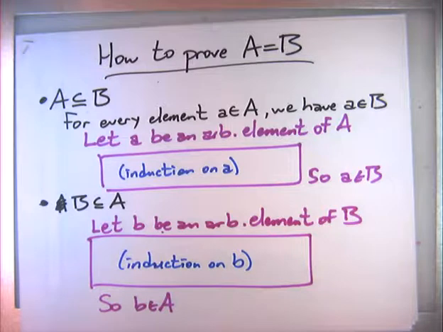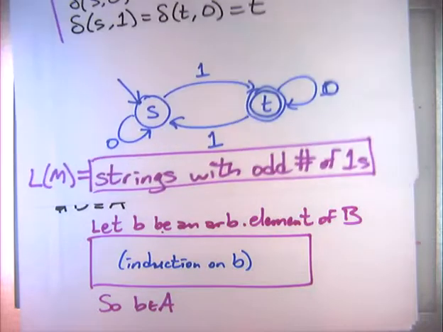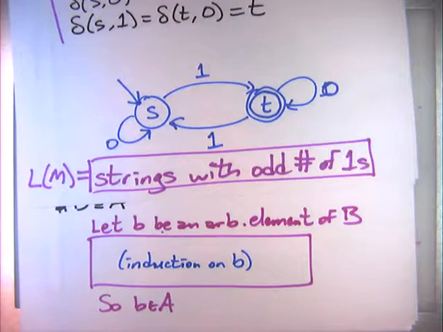Now, for the particular problem I have here, A is the set of all strings with an odd number of ones. When I'm doing induction on a set of strings with a certain property, what does that mean?